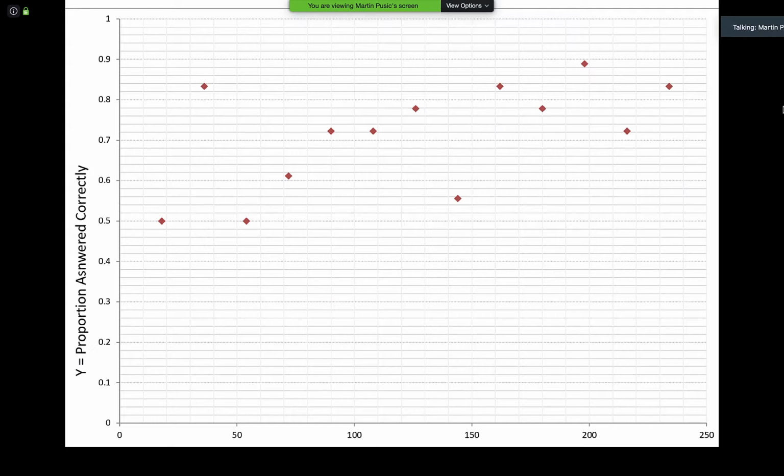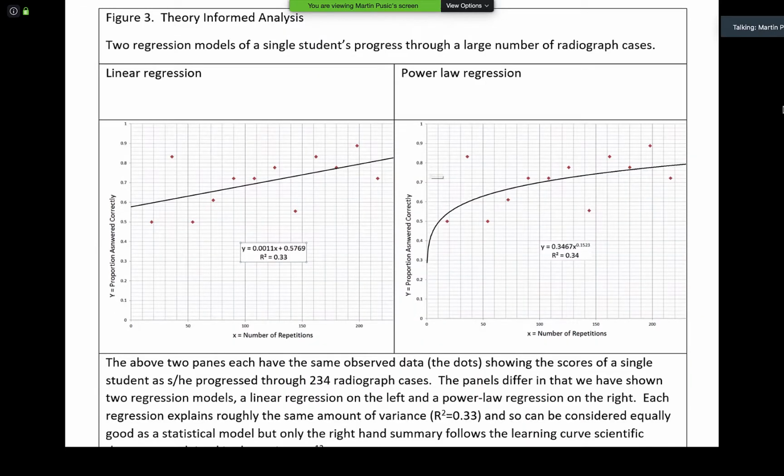With each repetition, they get feedback, and so they learn. And on the y-axis is how good they are. For each point, this is an estimate of how well they scored on an exam of about 20 or 25 x-rays.